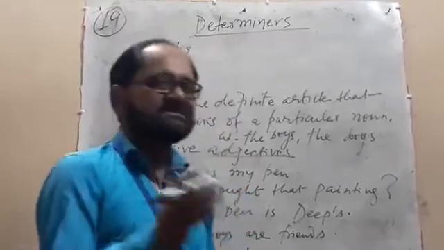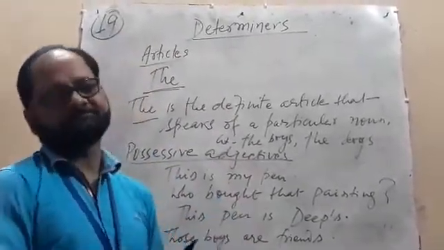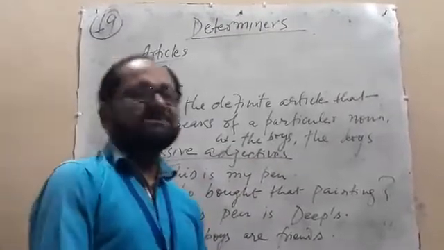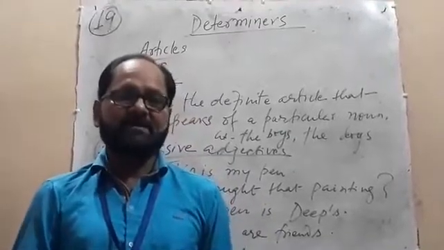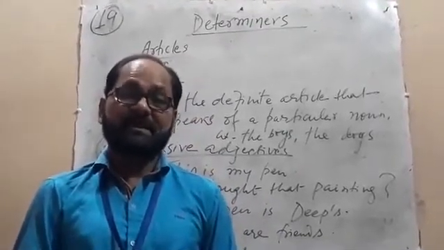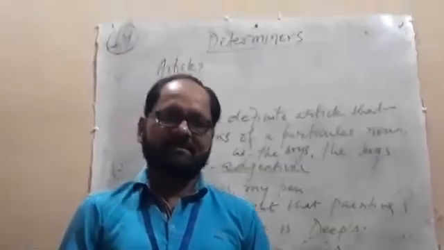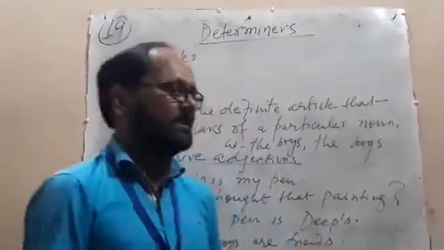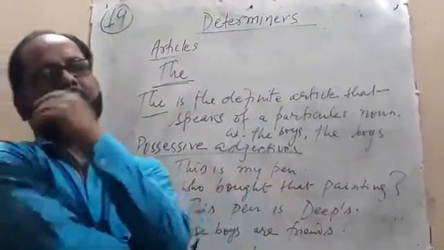Now, look at the second determiner, possessive adjectives. Examples: my, your, his, her, their. For example, this is my pen.